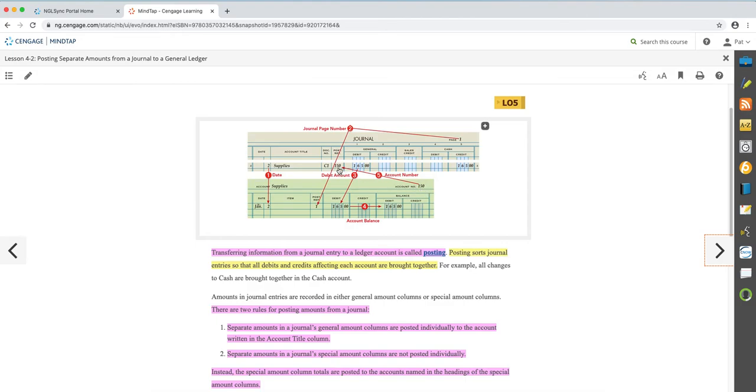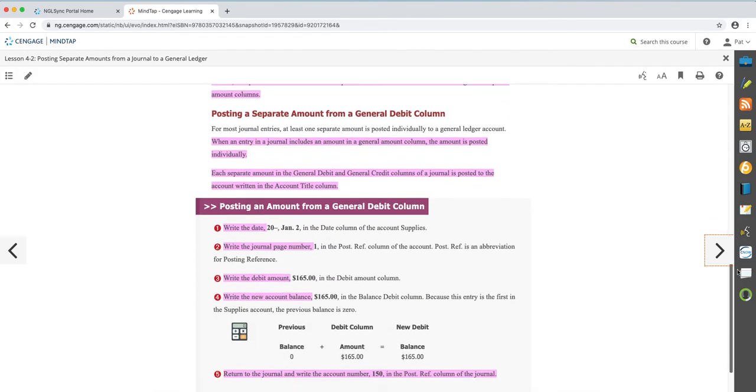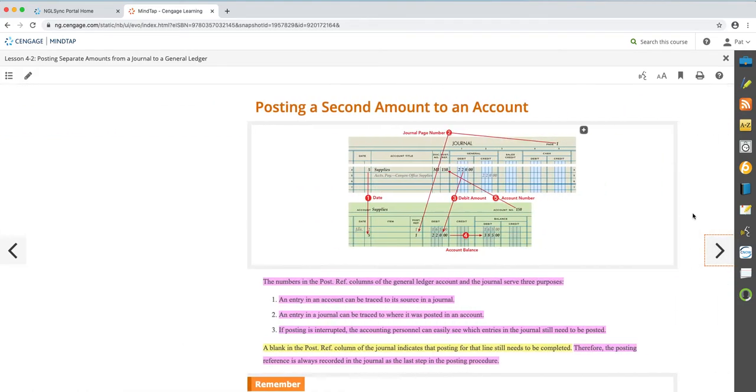You always want to put that last. It's to show you that you have posted this and that this supplies entry has been put into the supplies ledger. So date, page number, debit or credit, the balance, and then the account number last. That's what they show you how to do there.